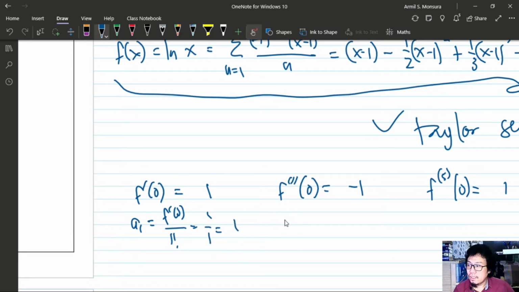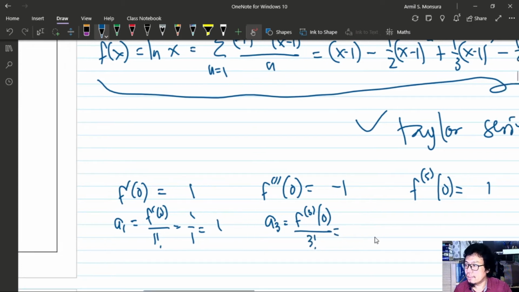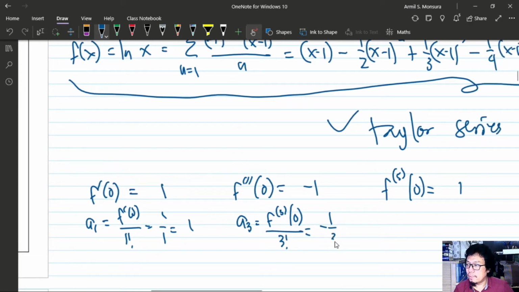While A3 is f triple prime of 0 over 3 factorial, which gives us negative 1 over 3 factorial. Let me leave the factorials as factorials.